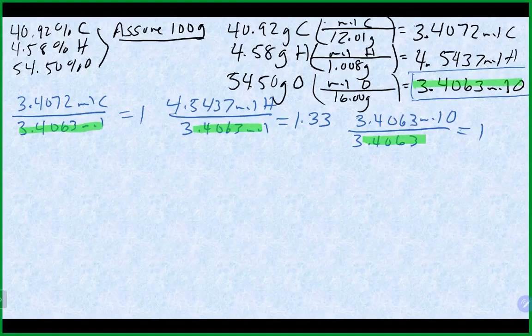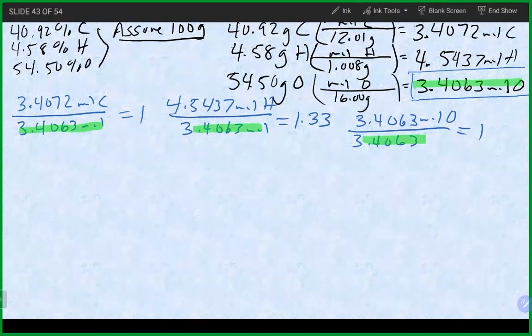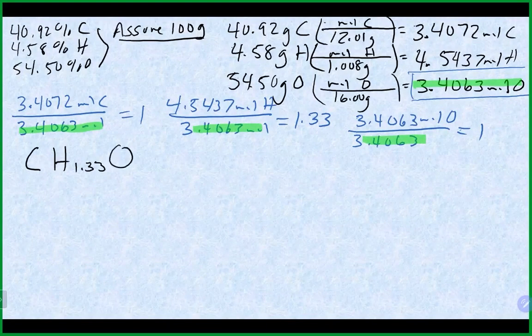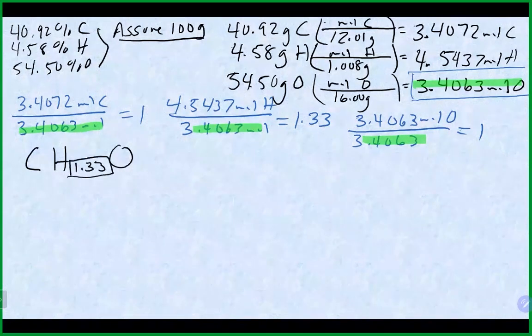Any questions on that? Now, this technically will give us our empirical formula, which in this case would be C1, H1.33, and O. Is that an okay empirical formula? It is not, because they are not all whole numbers, and 1.33 is too far to round. So we're going to figure out a factor to multiply 1.33 by to get to a whole number.